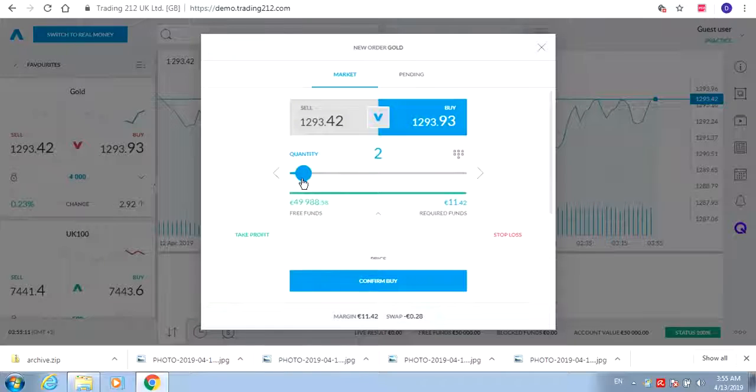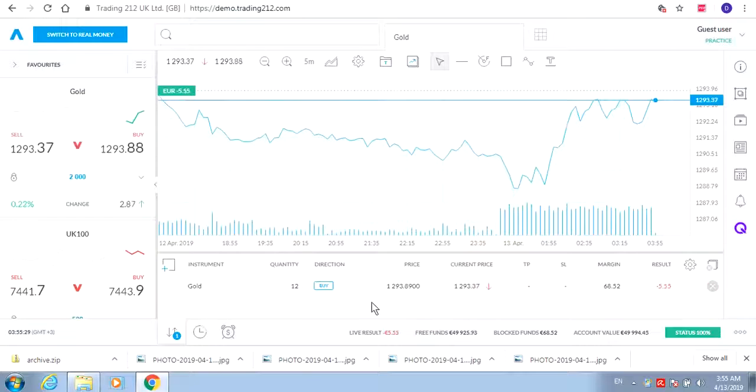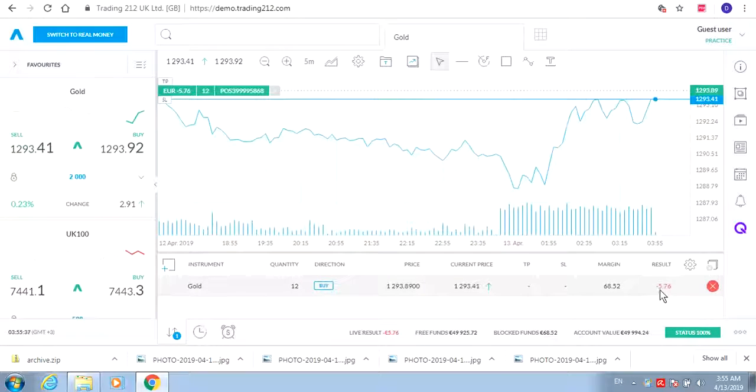Here I'm going to buy 12 ounces of gold, then confirm the buying transaction. Here we can see the details of our position. As we can see, the result is minus $5.76, and the margin here is 68.52, and here we can place an order of stop loss or take profit.